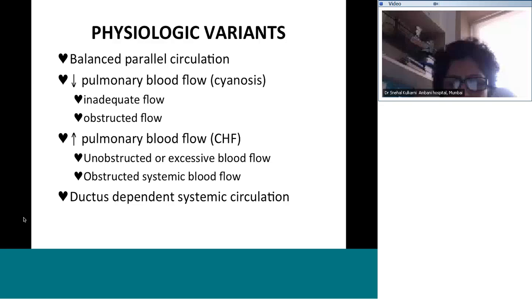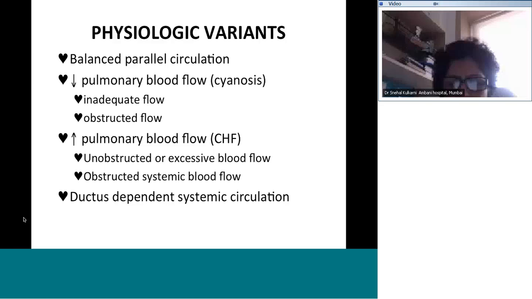Now what is inadequate pulmonary blood flow? You have a typical example of pulmonary atresia, intact ventricular septum. The pulmonary circulation is PDA dependent, which may be completely inadequate. And therefore, this is a single ventricle situation with significantly inadequate blood flow. The second one is significantly obstructed blood flow. The simple example is tricuspid atresia, severe pulmonary stenosis.